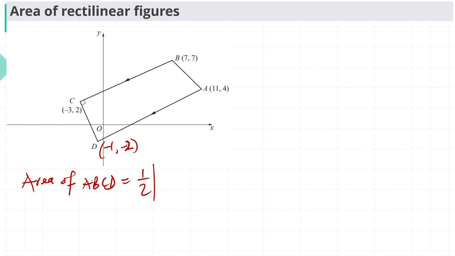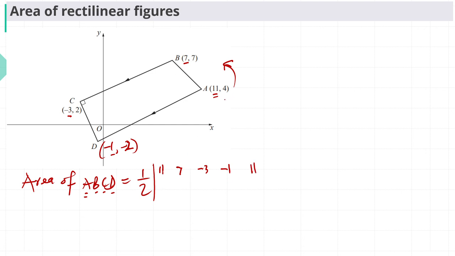I want to begin from A, move to B, move to C, move to D, come back to A. So in coordinate A, the x value is 11. So we are moving in this one sense of direction. Move to B, x value is 7. Move to C, x value is minus 3. Move to D, x value is minus 1. Come back to where you started from, A, x value is 11.